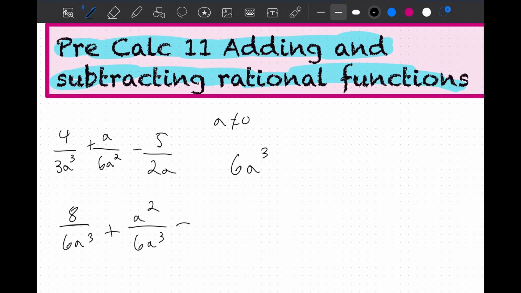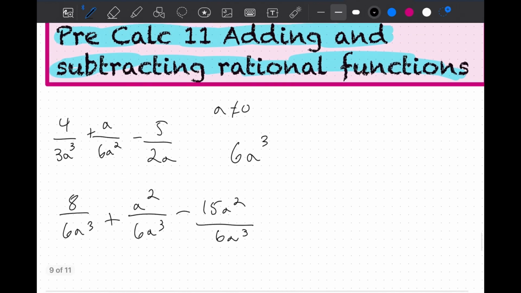Minus, for 5 over 2a, that would need to be multiplied by 3a squared. So it would become 15a squared over 6a to the 3, and then I can combine it.